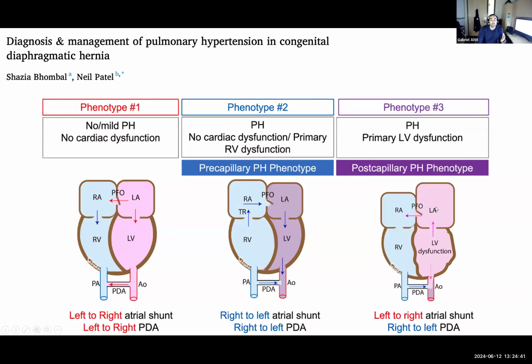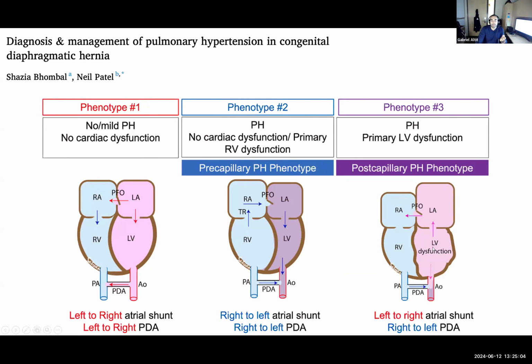And typically these patients will present with a relatively okay preductal saturation, because they don't get hypoxic blood entering at the atrial level through the atrial shunt, but they will have this pre and post differential saturation, because part of the ductal flow is because there might be some degree of PVR relative to the SVR.